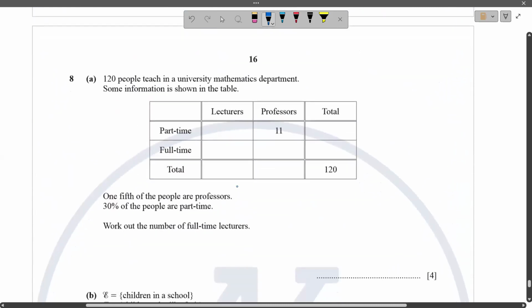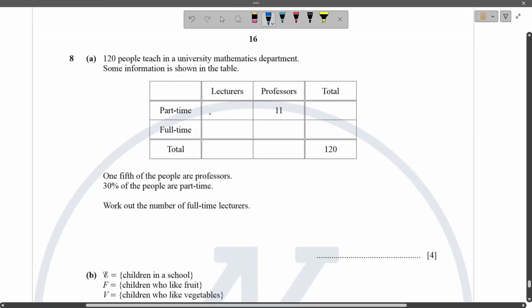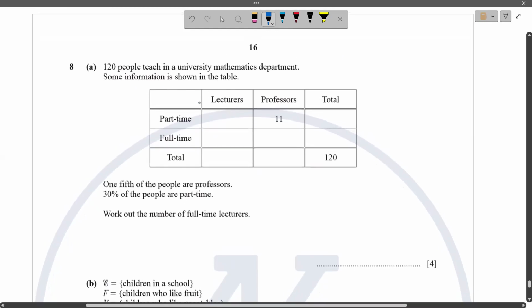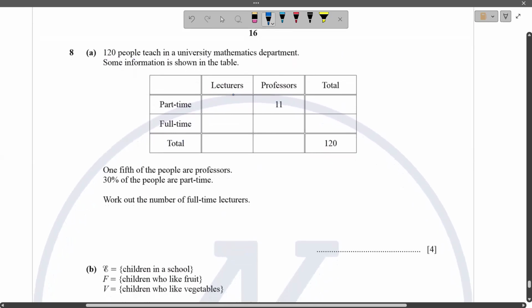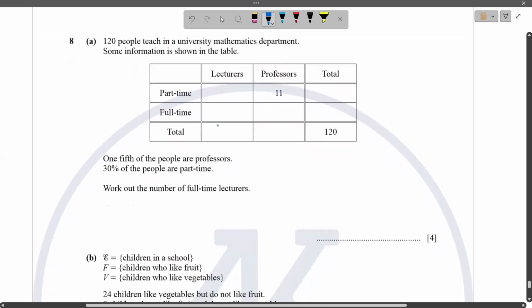Question 8. 120 people teach in a university mathematics department. Some information is shown in the table. We have part-time, full-time, and total, lecturers and professors. 1/5 of the people are professors.